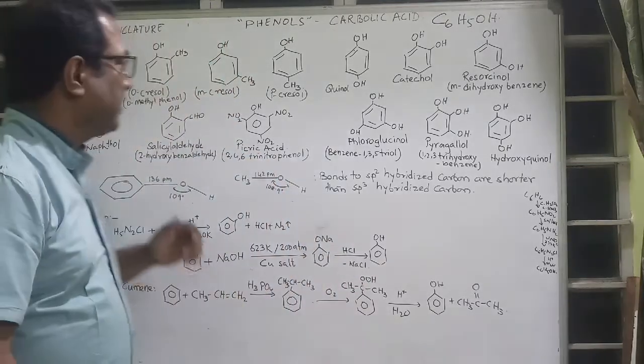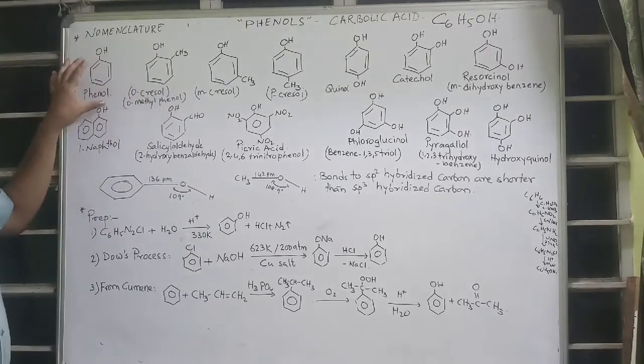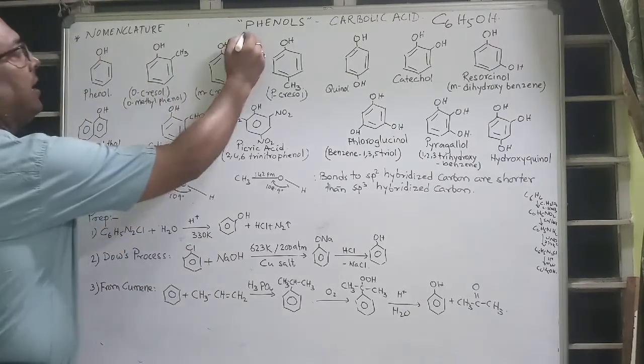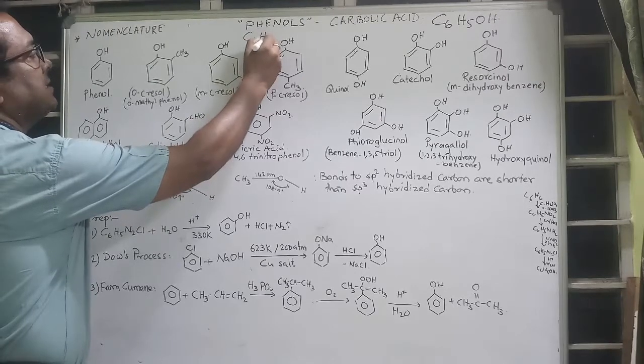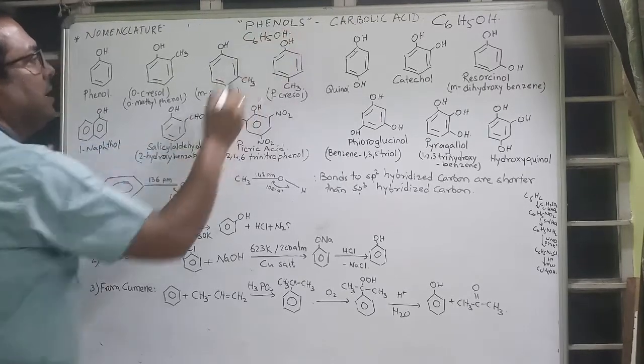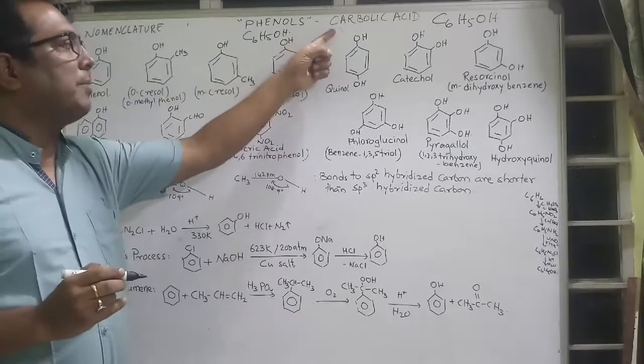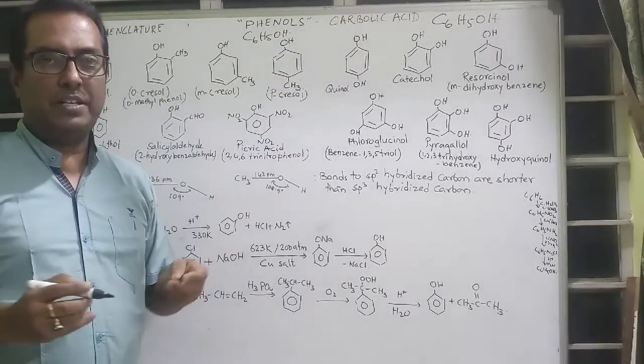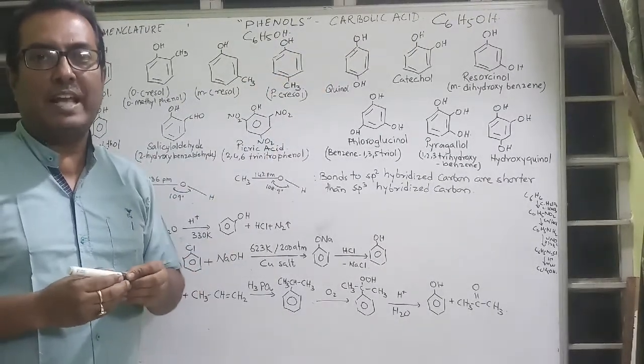So here we go. Phenol has the formula C6H5OH. Usually we call this carbolic acid. Students, you might have heard the name carbolic acid.